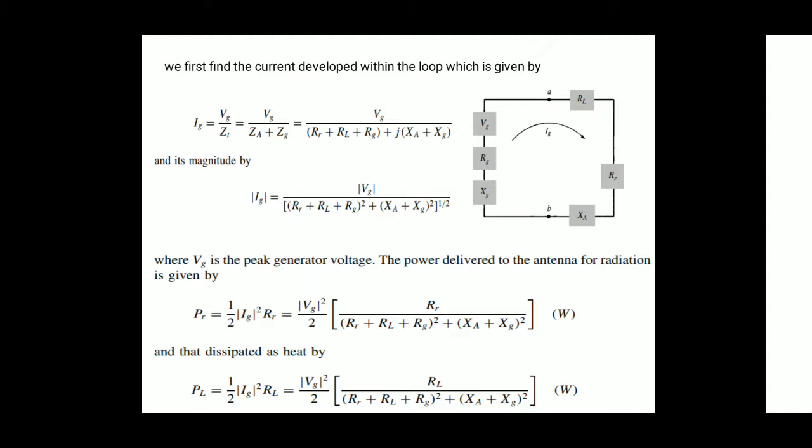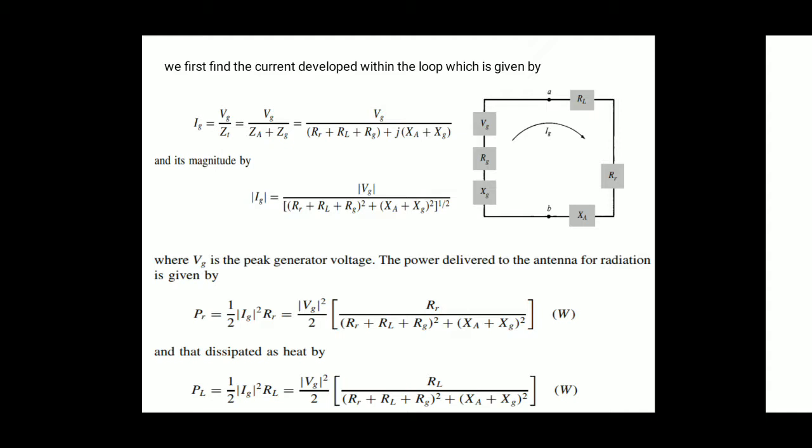Where Vg is the peak generator voltage, the power delivered to the antenna is given by half Ig squared RL, in watts. That is dissipated as heat by the loss resistance RL.